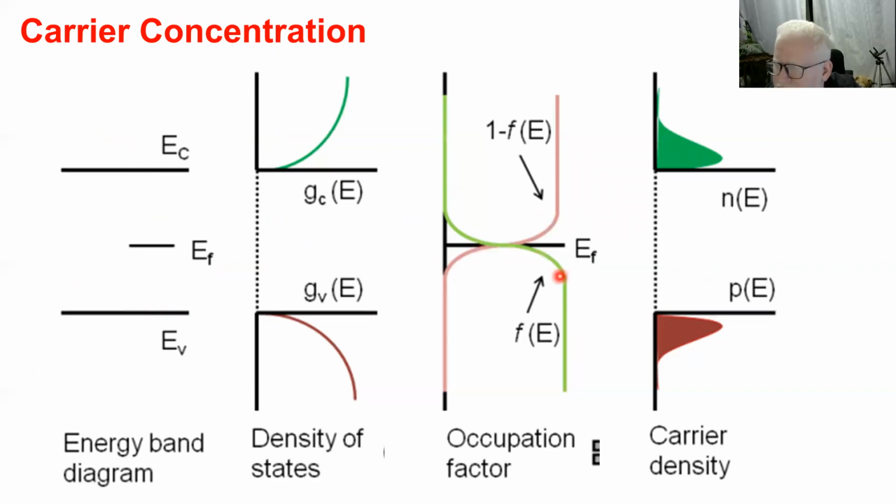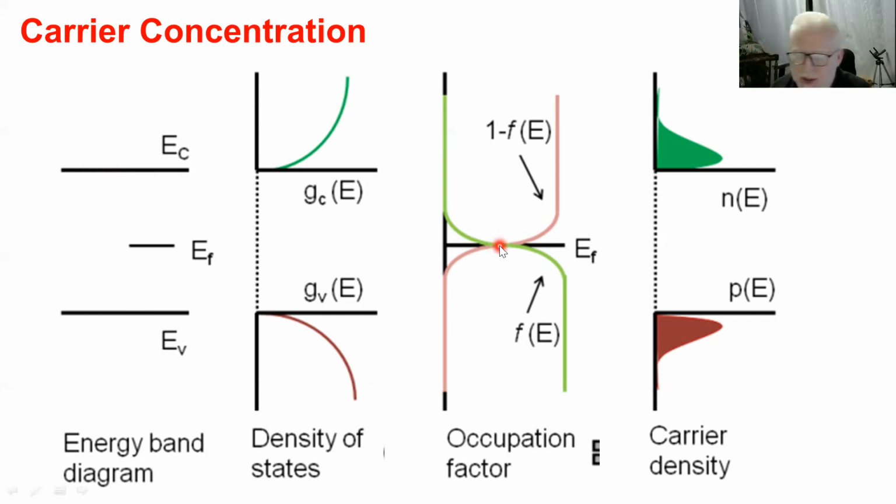Because if you remember, this green curve represents the probability to find an electron, and this red curve represents the probability to find a hole. And at a certain point, these two curves overlap. Simply, if you are searching about two parameters, then they will be equal when the probability is 50%. Very logical. So now this is the mathematical version of the Fermi level, the level at which the probability to find an electron equals 50%.